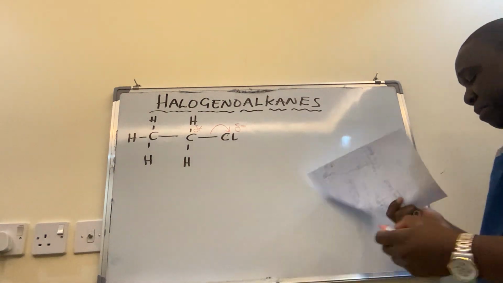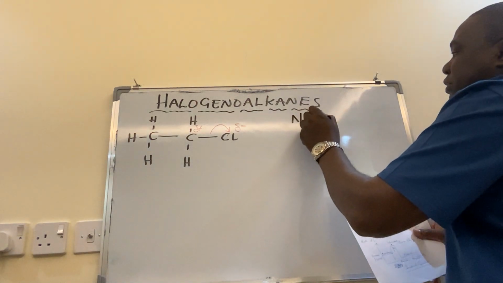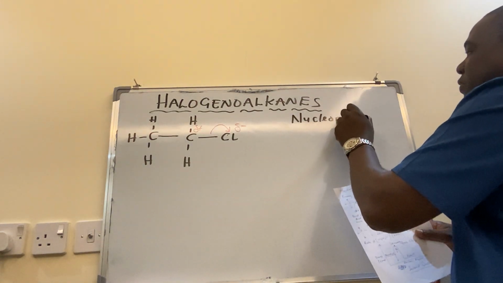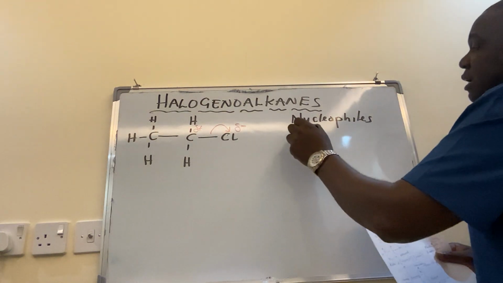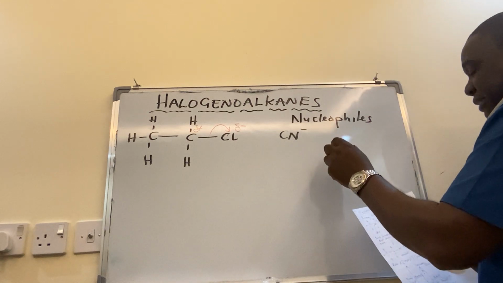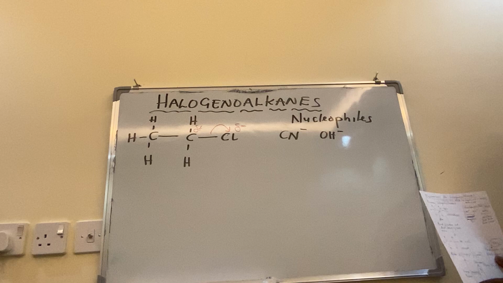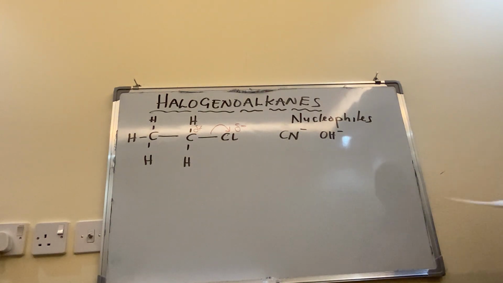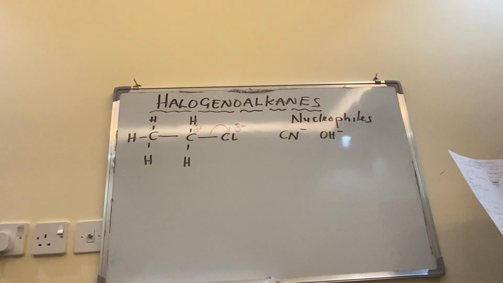If you still remember, compounds that we call nucleophiles, I'm just going to put examples of nucleophiles in this corner, okay? Nucleophiles can be classified into two parts. A nucleophile can be a negatively charged ion such as cyanide or the hydroxyl ion. They are nucleophiles because they are going to attack the positive centre. They have great love for positive carbons.